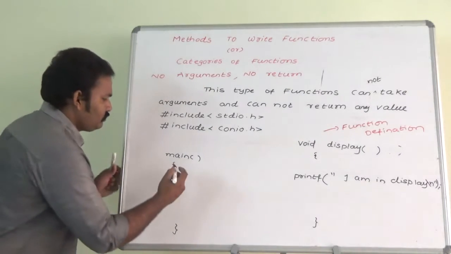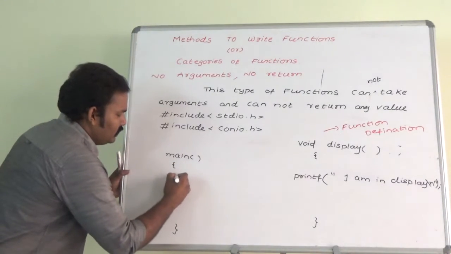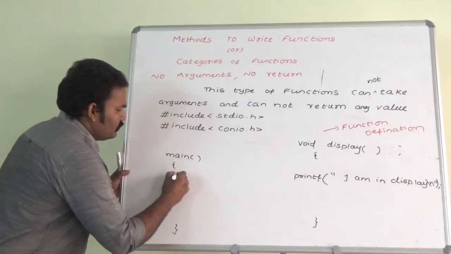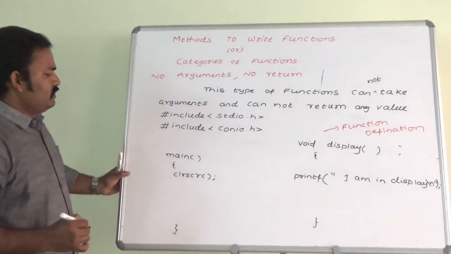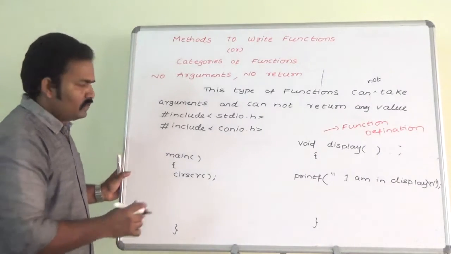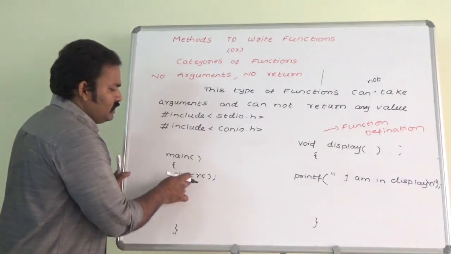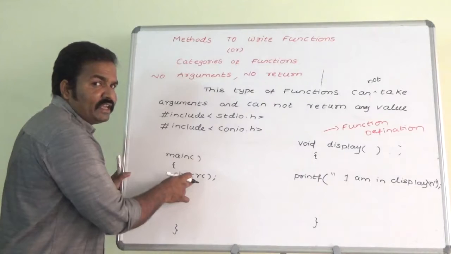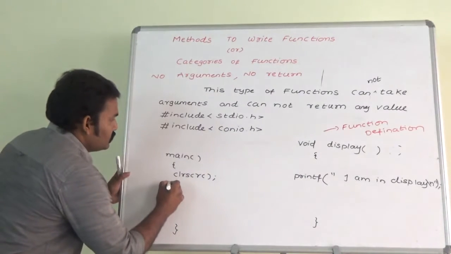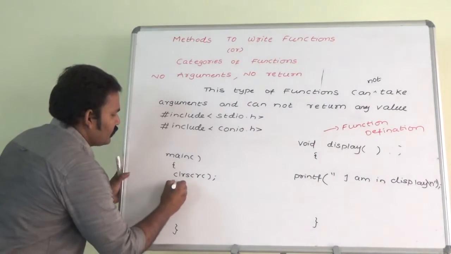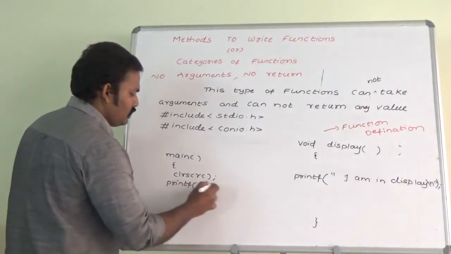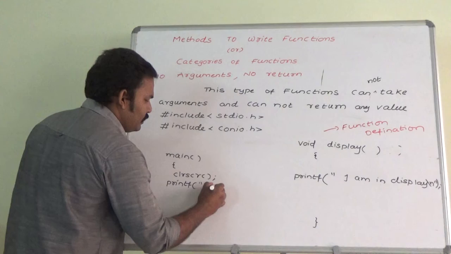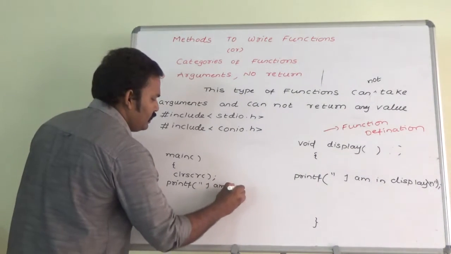In the main function, I am writing the clrscr function, which is used to clear the output screen. Then I am writing a printf statement: I am in main.